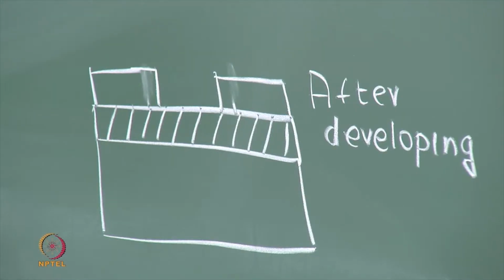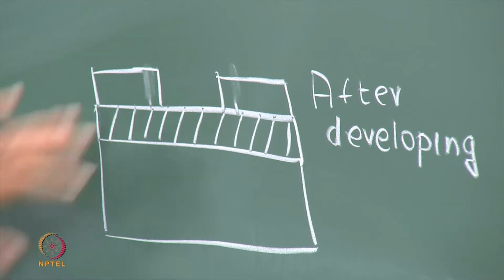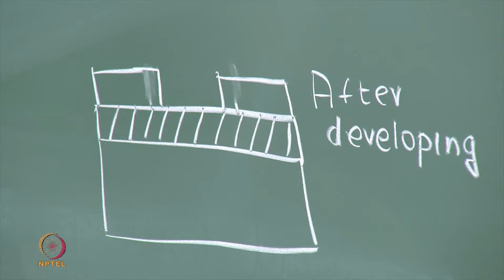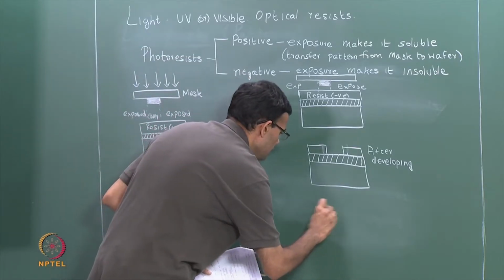Once again we can etch the oxide layer away, and the region that is right below the photoresist is protected, so that we can etch the oxide and create a hole.